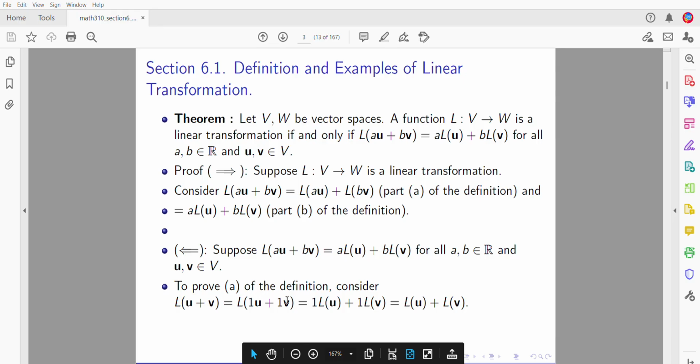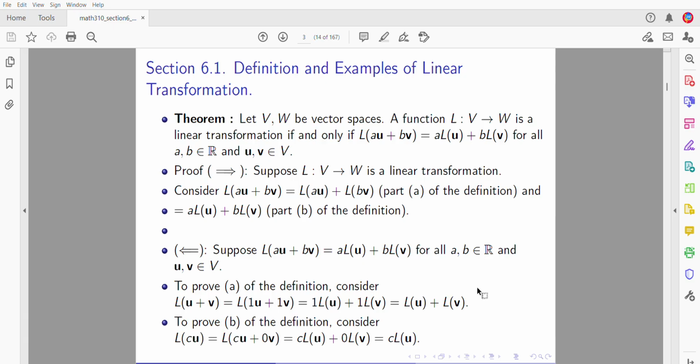Okay, u is 1u, v is 1v. But L splits along the plus and the scalar multiples come out. But 1 times L u is L u, 1 times L v is L v. In other words, L of u plus v is L u plus L v. That is, L respects vector addition.